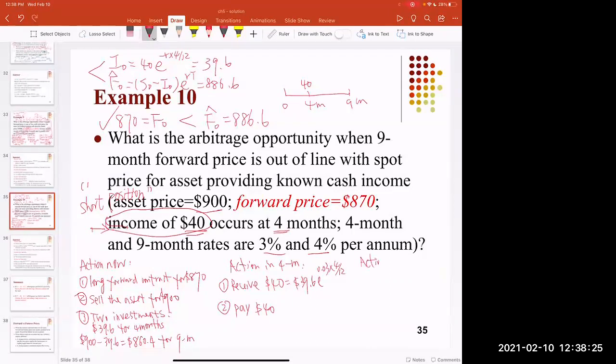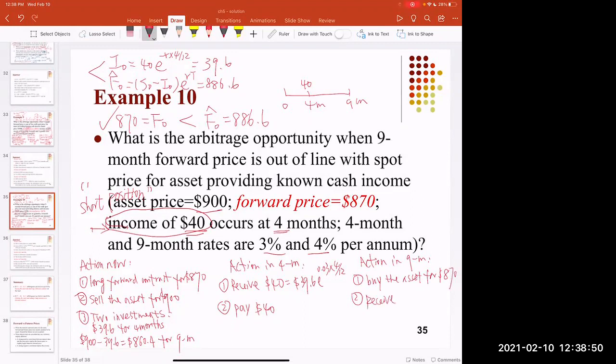And action in 9 months. First, you take long position on the contract. That means you're gonna buy assets. Buy the assets for what? The amount is $870. And you do investment, long-term investment. So you're gonna receive investment income.